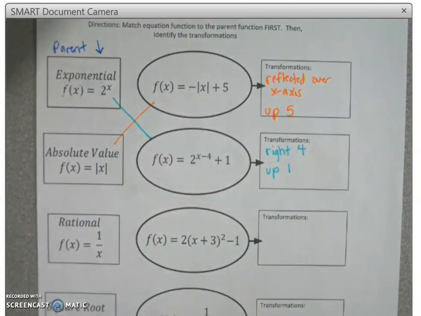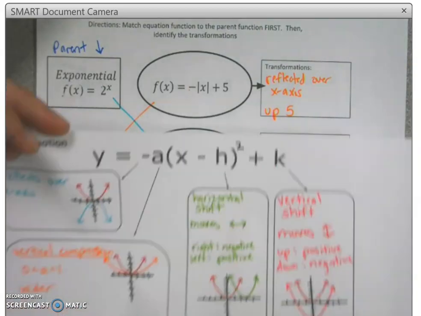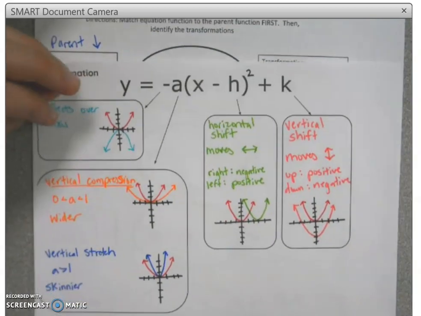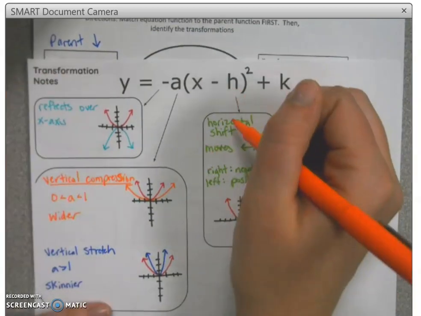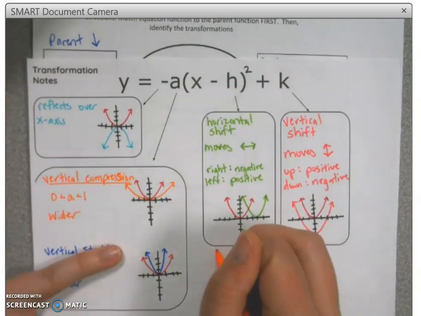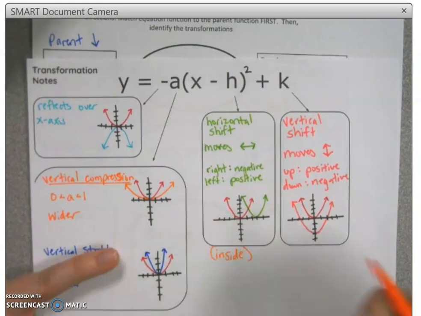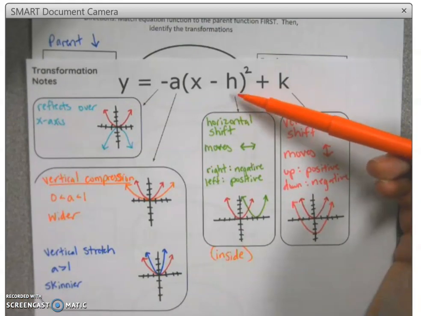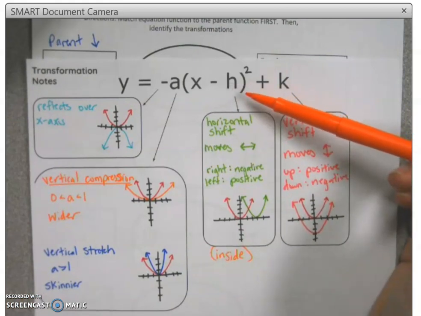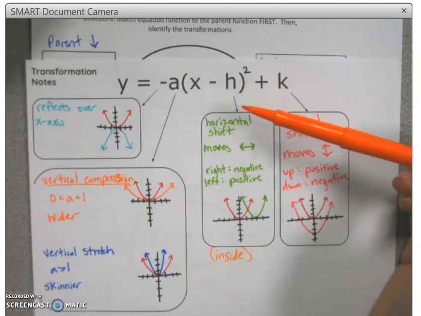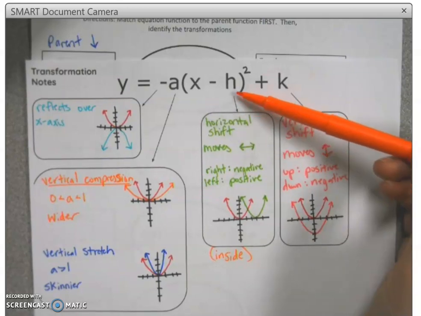So let me refer back to the notes real quick just to show you something. Whenever I'm talking about inside and outside, I consider h my inside number. So I'll put that here. Okay, that's this one. The reason I call it my inside number is because it's inside the parentheses, or it's inside the exponent, or it's inside the square root, or it's inside the absolute value bars.